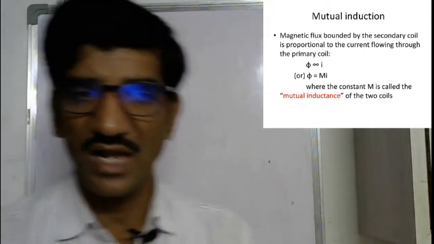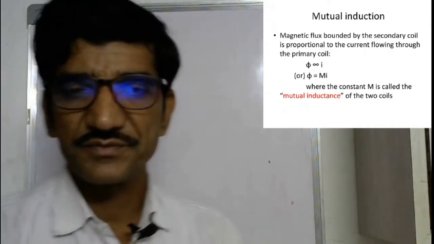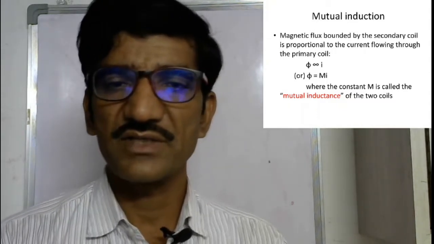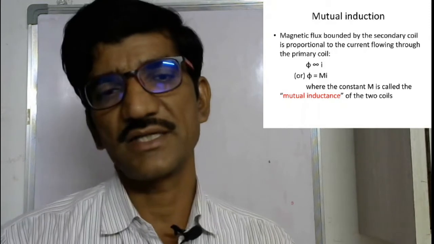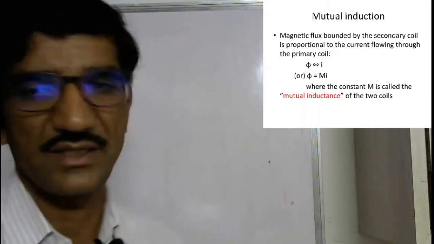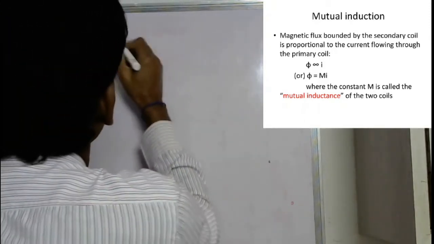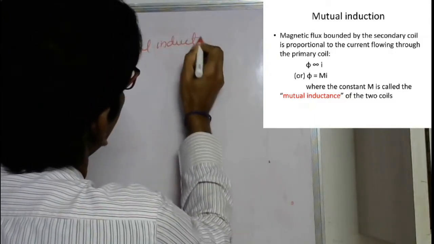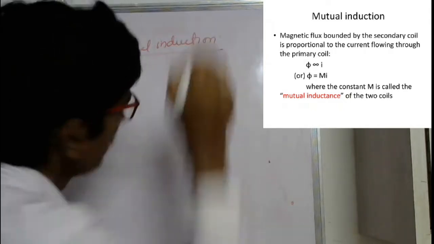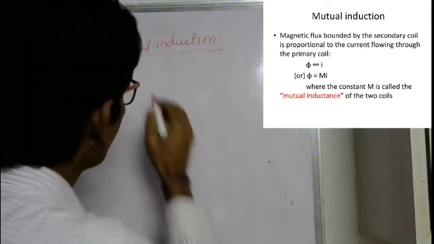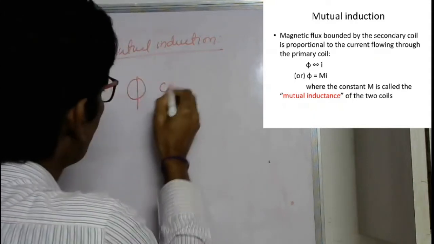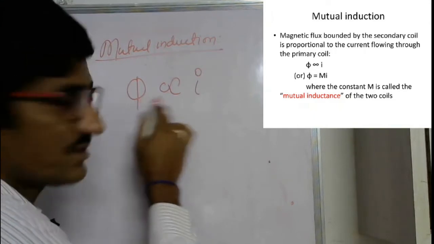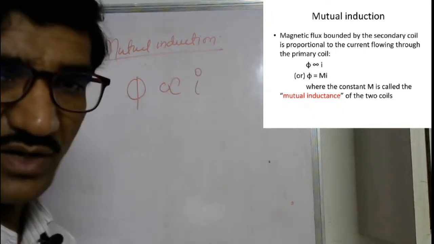You can see this on the slide. Here the flux phi linked with the second coil is proportional to the current passing through the first coil. In mutual induction, the flux is proportional to the current. This is the flux linked with the secondary coil, and this is the current flowing through the primary coil or the first coil.